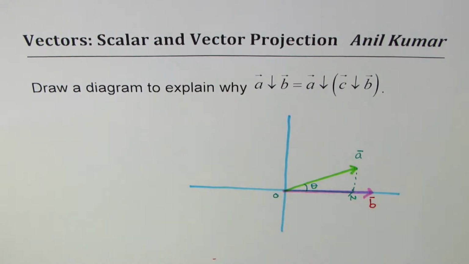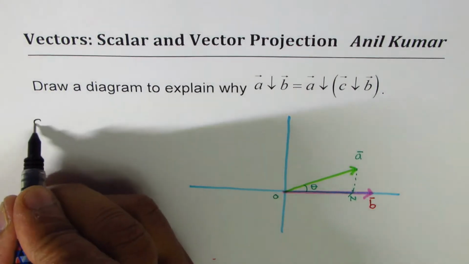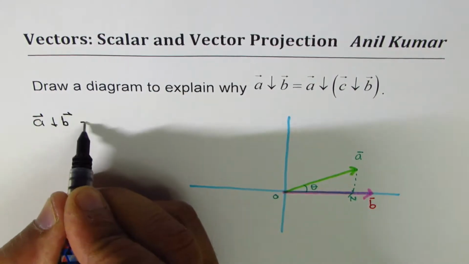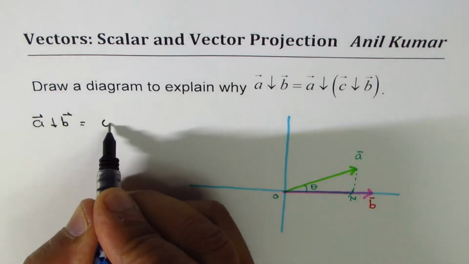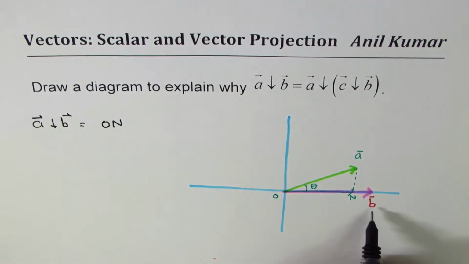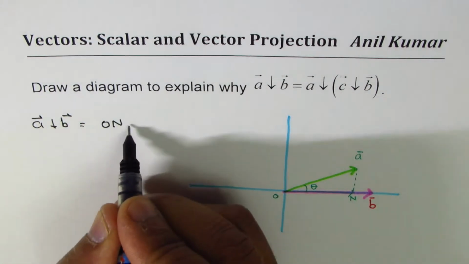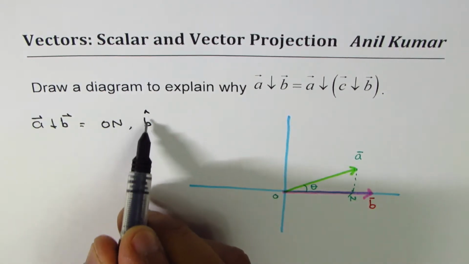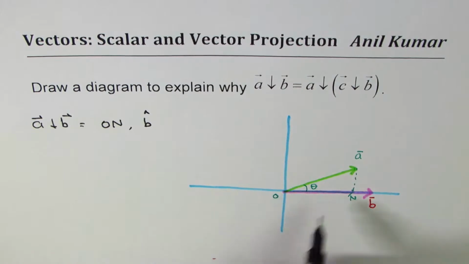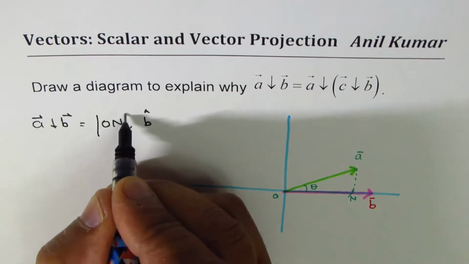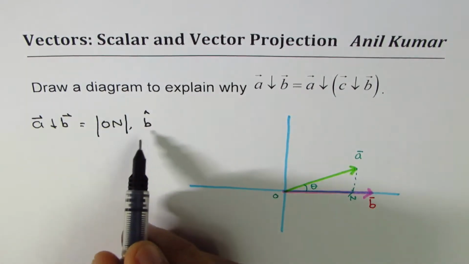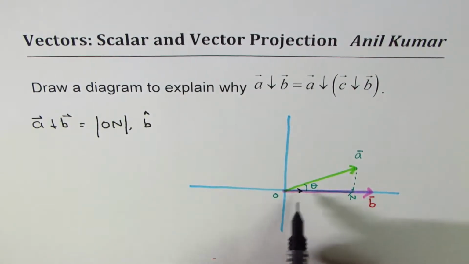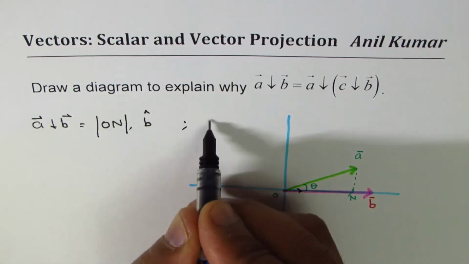So I can write that the projection of A on B in this diagram is ON in the direction of B. So ON is the magnitude, and the direction is unit vector B. I've taken unit vector B. And of course, you understand what a unit vector is.